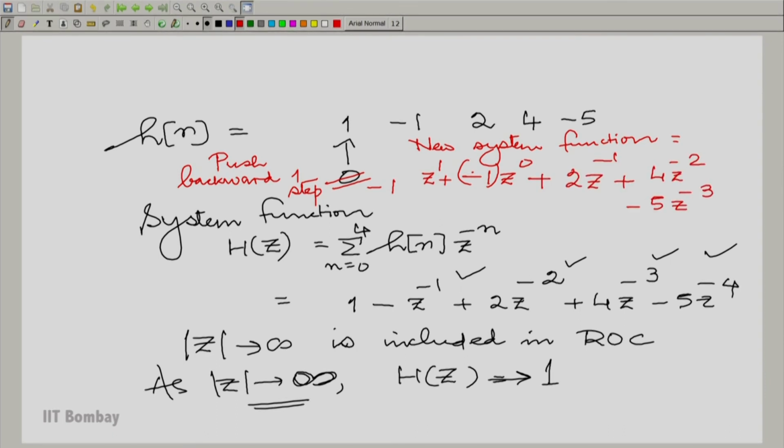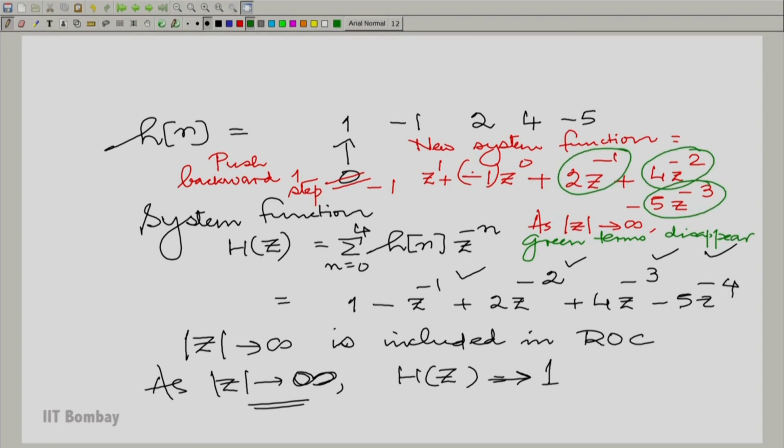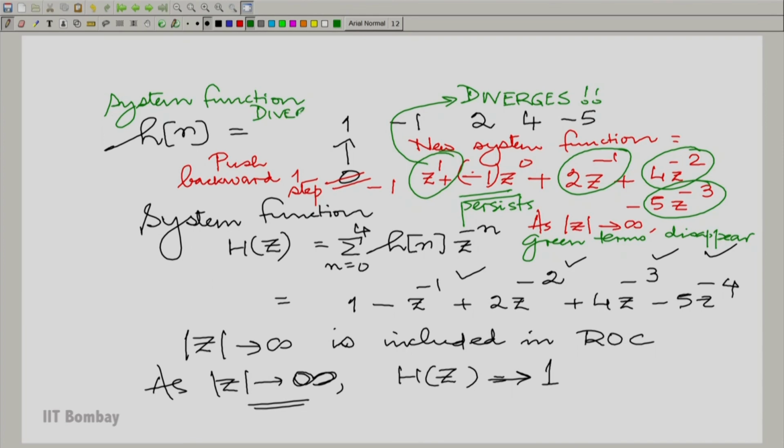And now you can see what happens as mod z tends to infinity. All the green terms vanish, these disappear. This one persists, but this is just minus 1. But this one diverges, and therefore, the system function diverges. So, it is interesting.